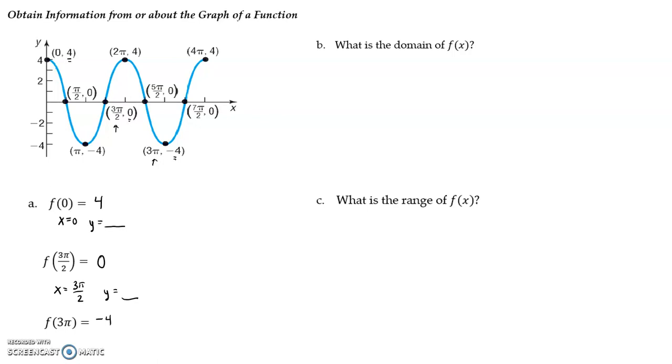Let's go ahead and take a look at part B. This one is asking us to find the domain of f of x. Let's talk about what it means to be a domain first. When we're looking for our domain, we're going to be looking for the x values on our graph.